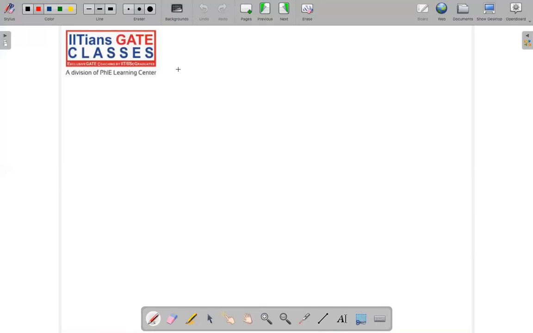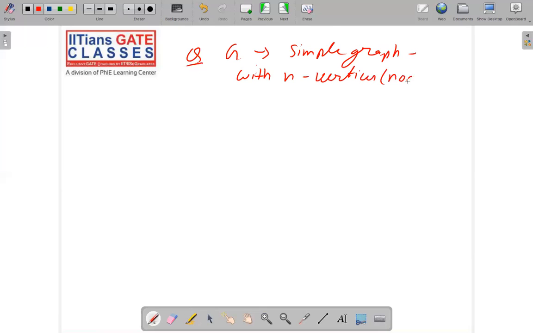Okay, so I am writing some statements and you need to identify whether those statements are true or false. The question says that I have a graph G, which is a simple graph with n vertices, or nodes, you can call it.